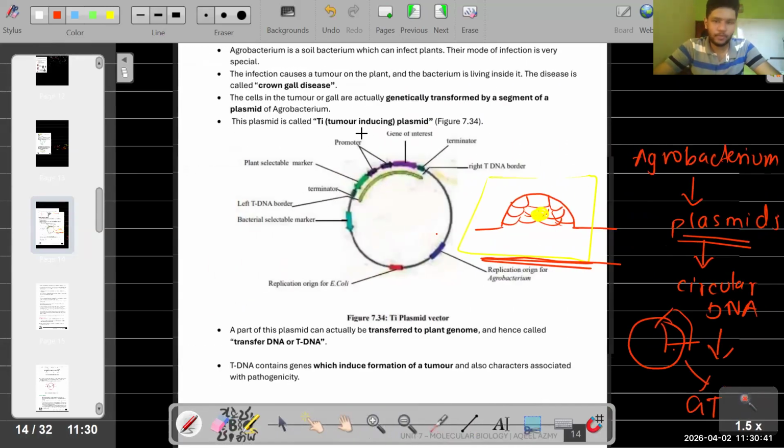Those plasmids are called tumor-inducing plasmids, right? So, what is meant by tumor-inducing plasmid? Listen carefully. Tumor-inducing plasmid means the plasmid that has segments that can genetically transform into cells of tumor in plants, right?